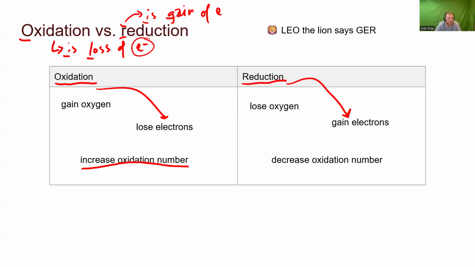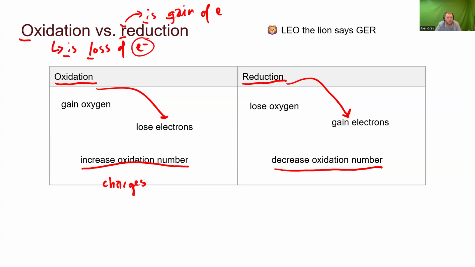Whenever something gets reduced, we'll see it decrease its oxidation number. The way that I always try to think about oxidation numbers is I will also think about charges. So, is that charge going from 0 to +1, or is it going from +1 to 0, and so on?